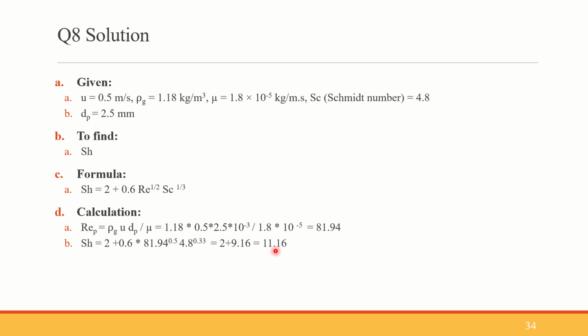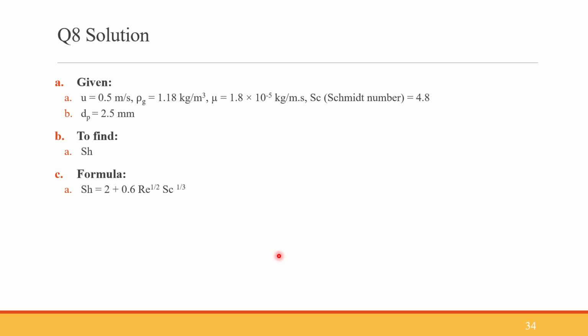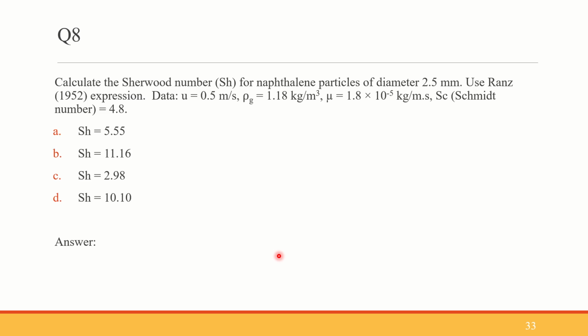Reynolds number is rho v dp by mu, and all values are given in the question. We substitute and get the Reynolds number as 81.94, and substituting back in the formula gives the Sherwood number as 11.16. So option B, 11.16, is the right answer.